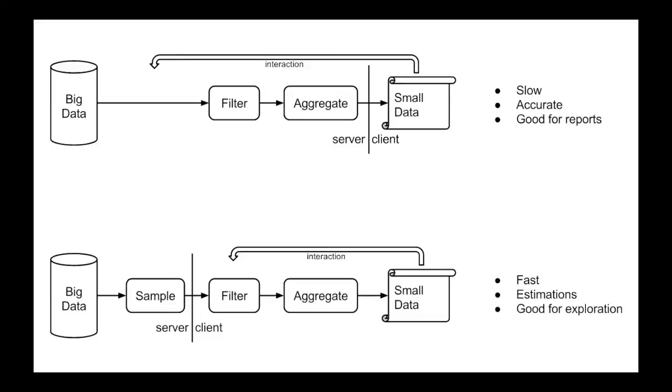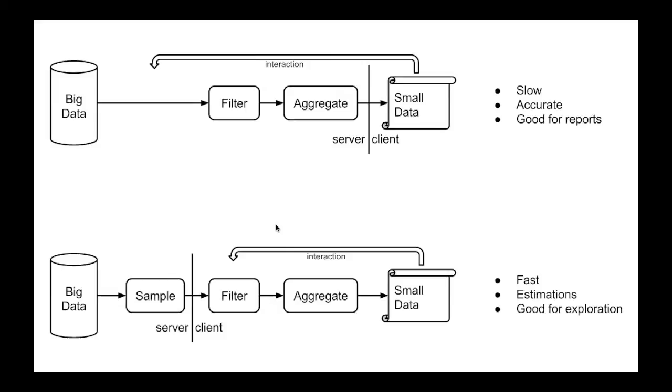But the use case we were going for is using the visualization system to explore the data. Maybe you don't know about the data, maybe you're looking at the data set for the first time. So this is the second approach, where the server essentially takes a random sample of the data set, and then on the client side, the filtering and aggregation take place. That feedback loop of interacting with the data is all localized in the browser.